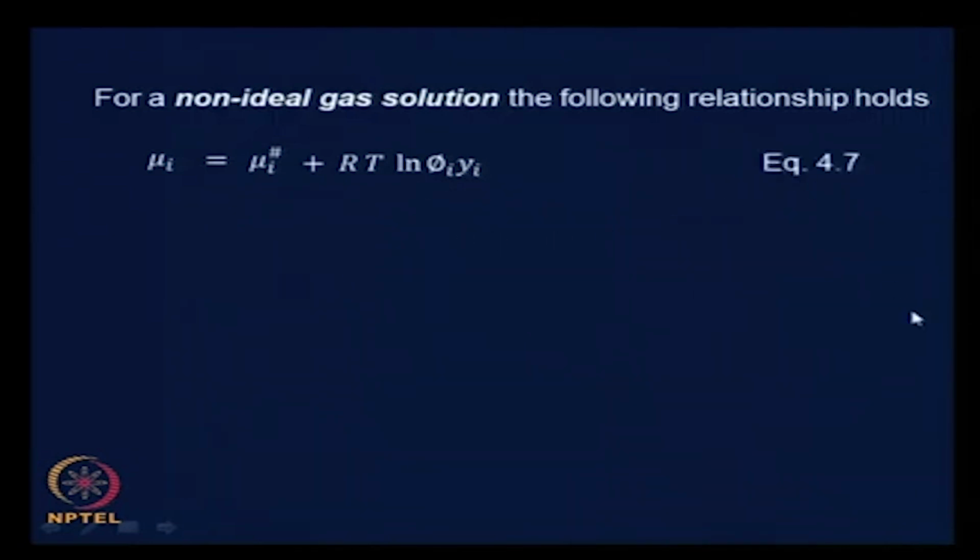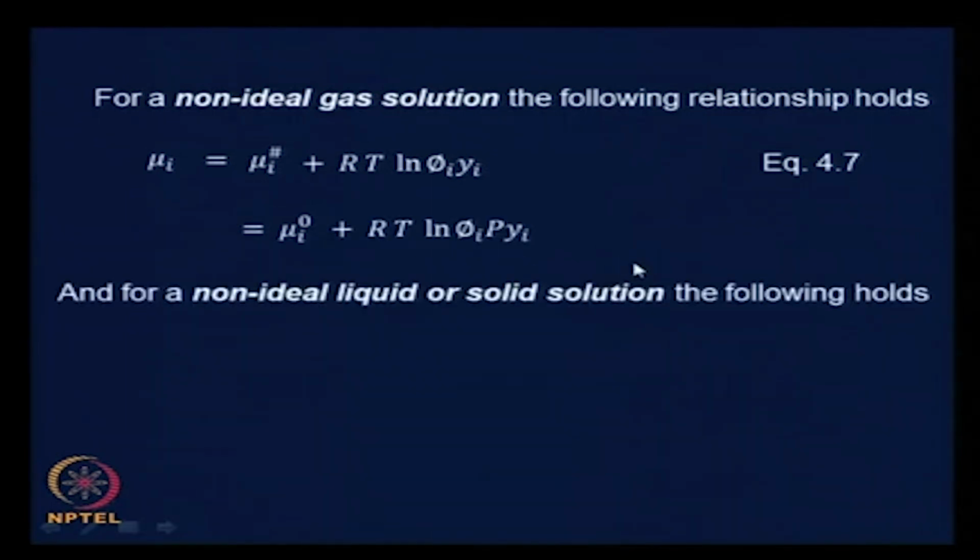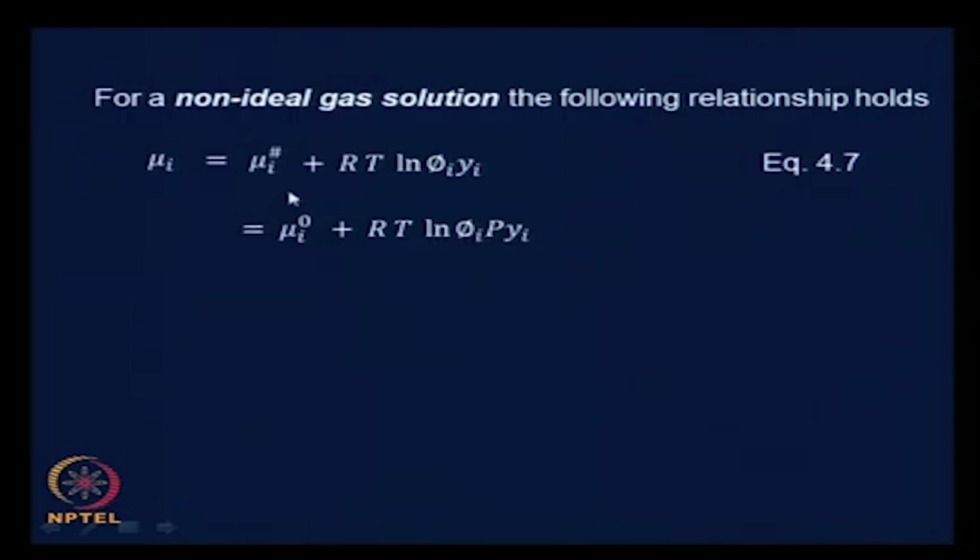This is equation 4.7, which can be written as mu I naught plus RT ln phi I P yi. What I would like you to note is that for an ideal gas solution, our formulation was mu I equals mu I hash plus RT ln yi. Here for a non-ideal gas solution, it is mu I equals mu I hash plus RT ln phi I yi. This phi I is what brings in the non-ideality aspect.